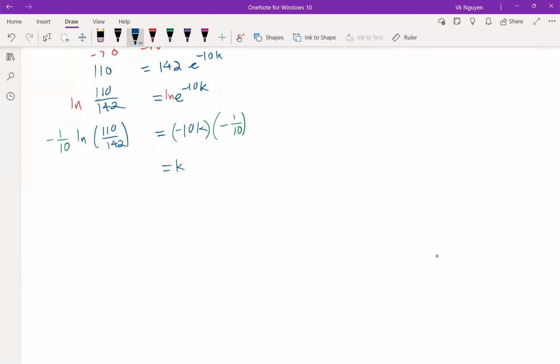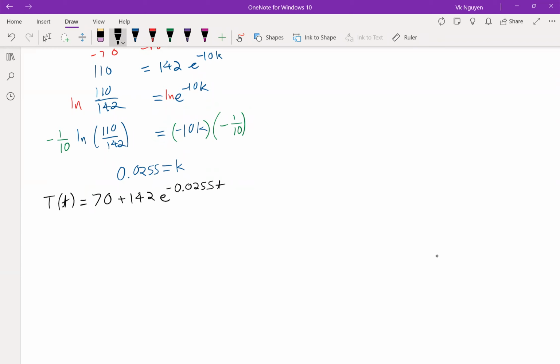We have 0.0255. So that's k. Once we have k, then we have the function T of t equals 70 plus 142 e to the negative 0.0255t.